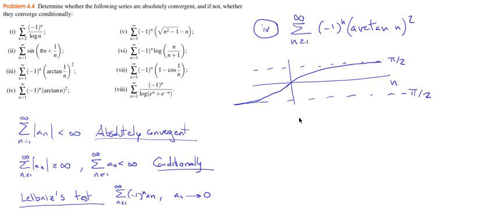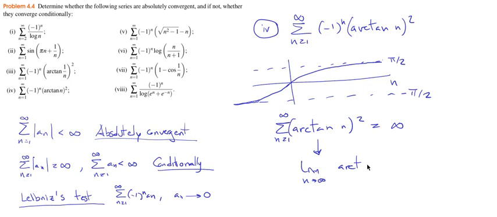So if we compute the convergence of this series, this is not going to be convergent because the general term of this series does not have limit 0.